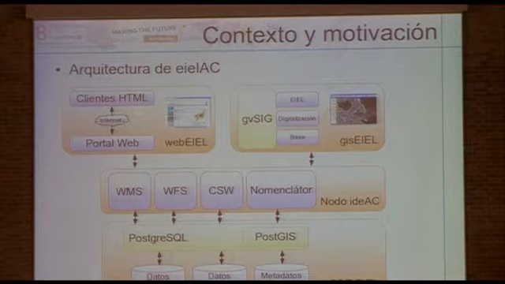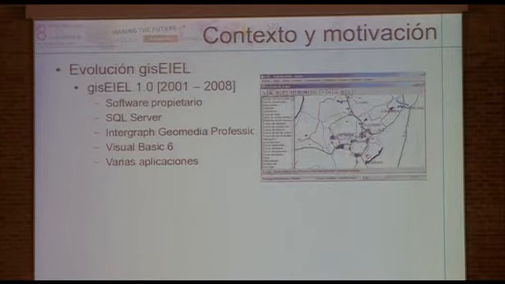On that, we have a node with the WMS, WFS, CSW, and the nomenclature. This would be the IDAC node, and from this we have the portal on one side and the gisEIEL on the other. This started in 2001 using proprietary software.